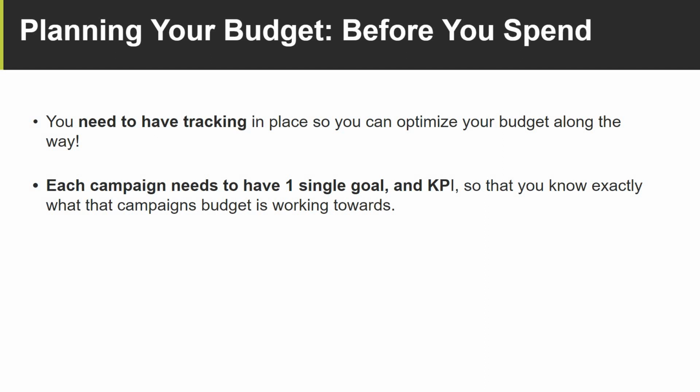So whether that's a conversion, which can be filling out a form or purchasing a product, every campaign has that one goal. And when you set up your campaign, it'll ask you what your goal is. Maybe your goal is a video view, a follow, a subscription, a purchase, whatever that is. That's your main KPI to track the real performance, so you're getting your money's worth from that ad.